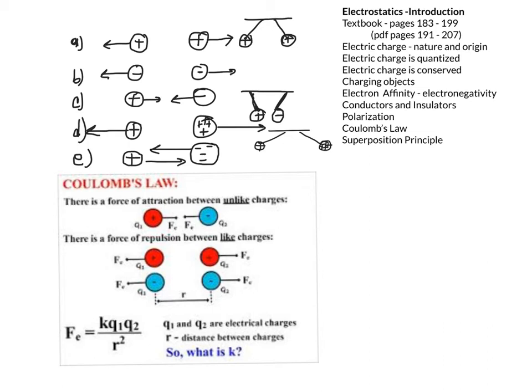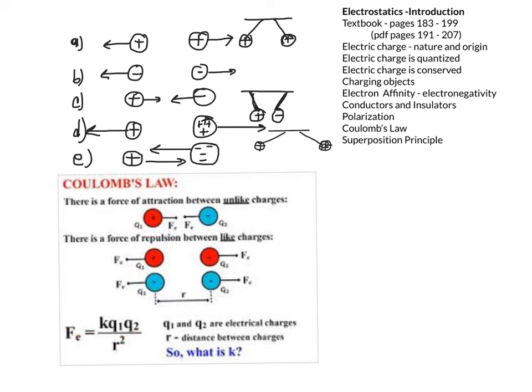Okay, so K is a constant. We'll discuss that in a minute. And Q is the charge on each object, and R is the distance between them. So if we wanted to quantify any of these forces, those are the quantities we would need.